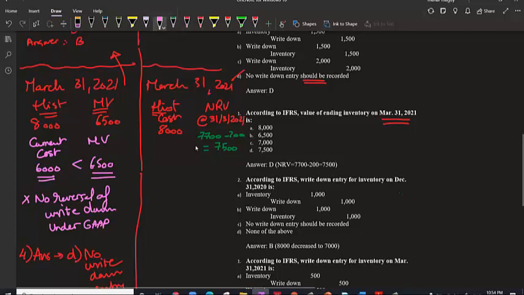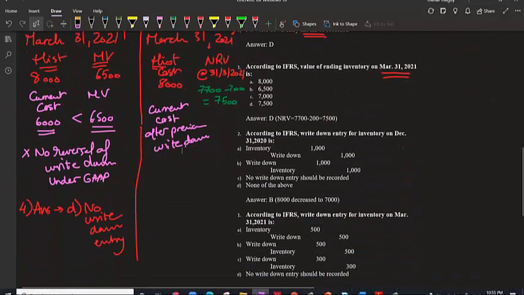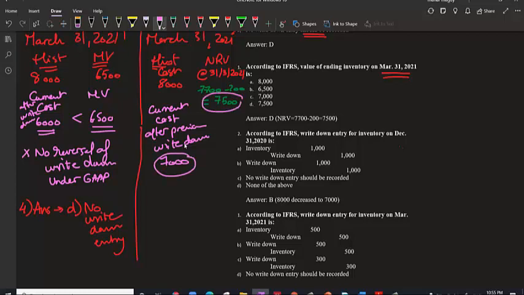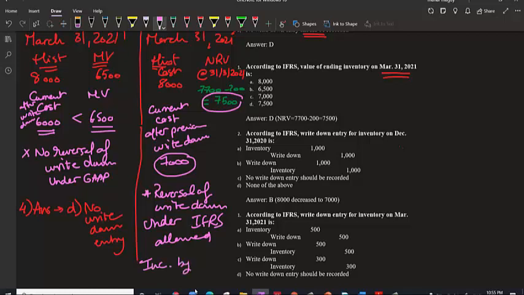If we remember, our current cost after the previous write down was 7,000. So the net realizable value is 7,500, and reversal of write down under IFRS is allowed. We are going to increase by the difference.